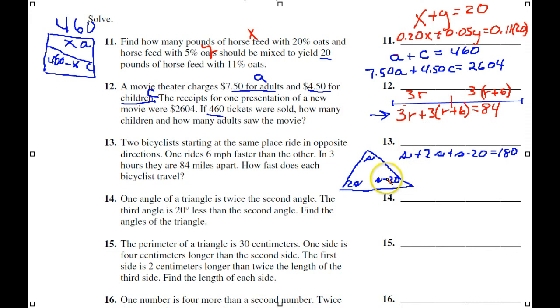Going on to number 14 now, a triangle. And again, we did this before. It looks very familiar. This is our second angle. One angle is twice the second angle. And the third angle is 20 less than the second angle.